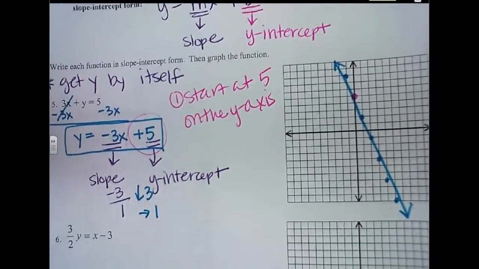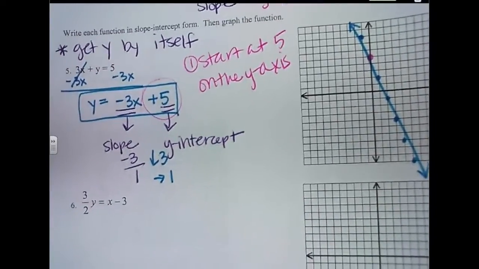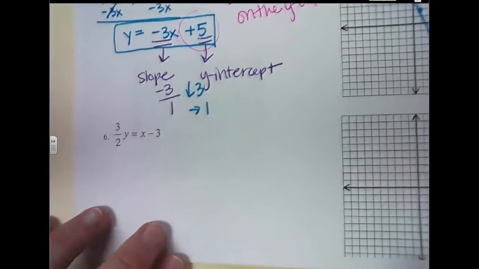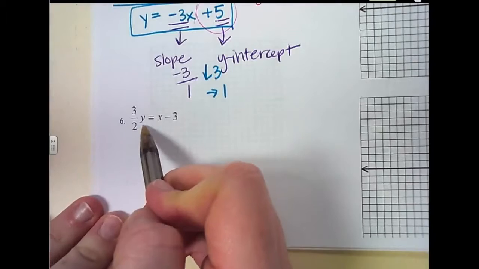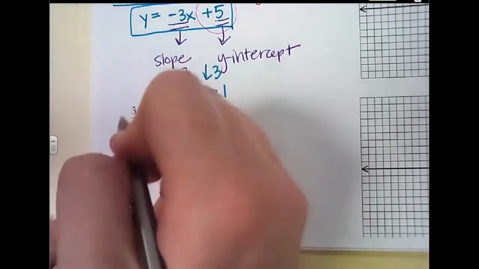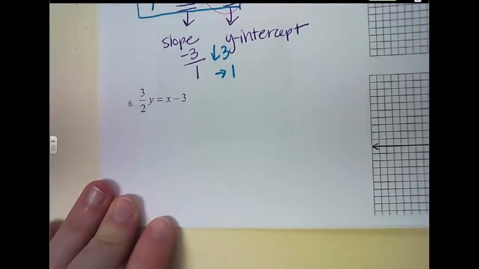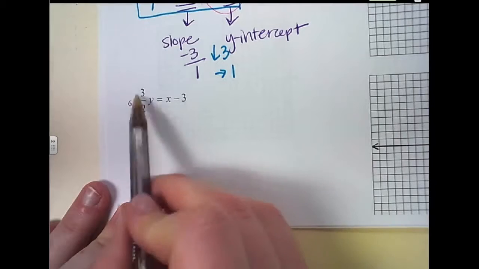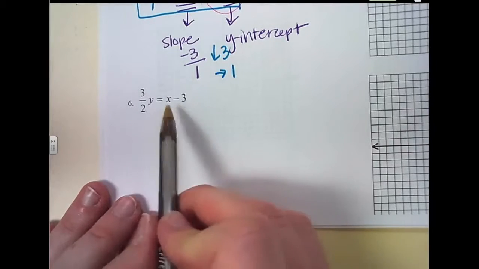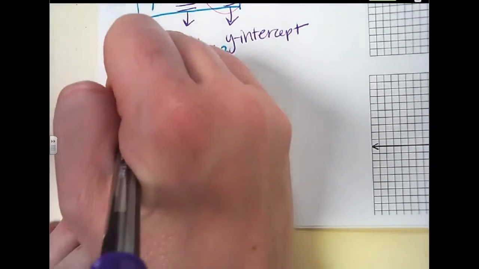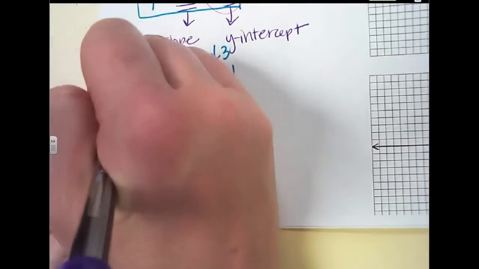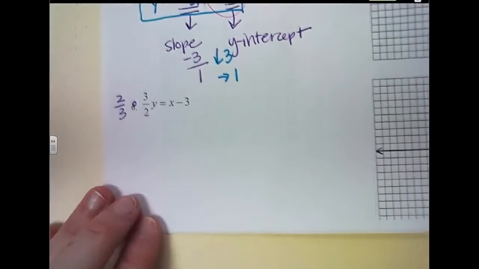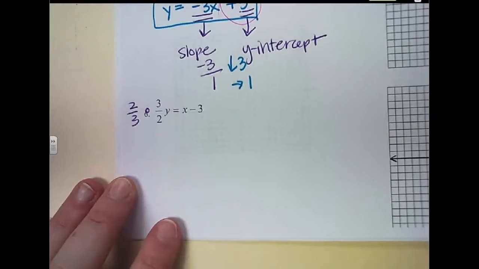Okay, number 6. I have the y here on the left by itself, but I have the 3/2 in front of it. How would I get rid of the 3/2? Divide. So you can divide here. If you divide, you're going to have this ugly fraction, so it's going to be really weird. So instead, I'm going to multiply by the reciprocal, which means I flip it and multiply it.